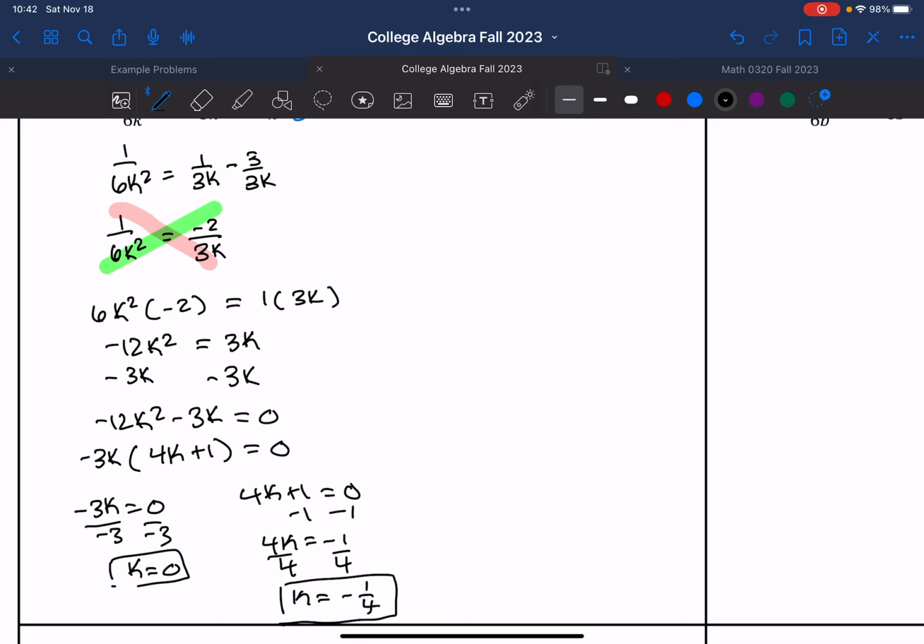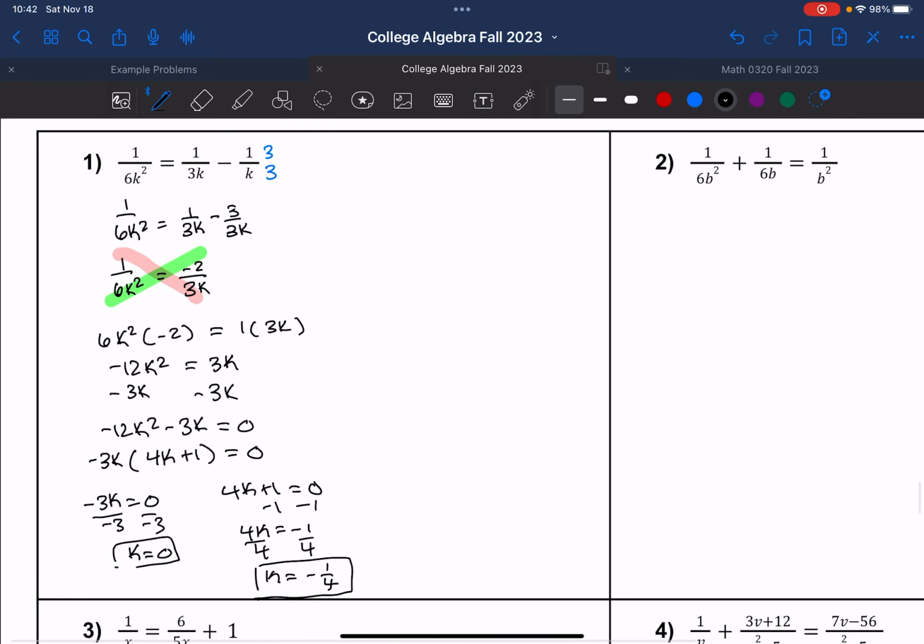Remember, I can't consider these my answers because in my original problem, I do have my variables in the denominator. So I'm going to have to check my work to make sure both these solutions make sense. So first I'm checking k equals 0. Anywhere I see a k, I'm going to plug in a 0.